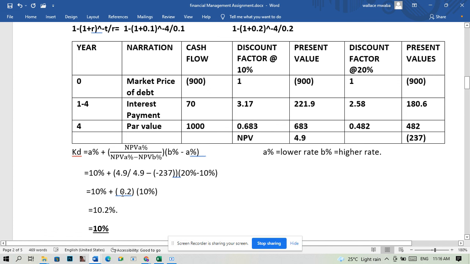Let me confirm this. 4.9 minus negative 237, we get 241.9.